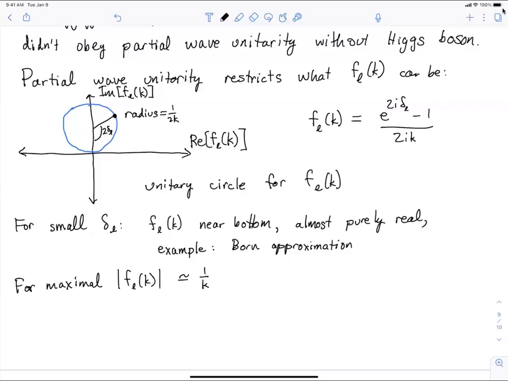Okay, and then FL of K is almost pure imaginary, instead of being almost pure real. So it's at the top of the circle.